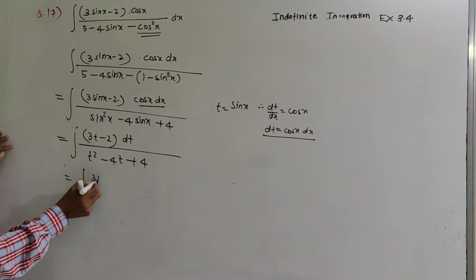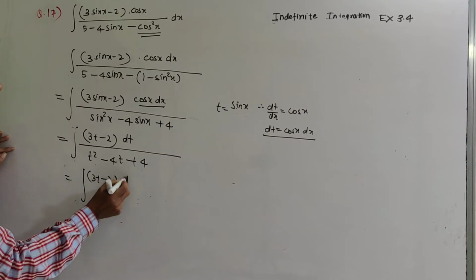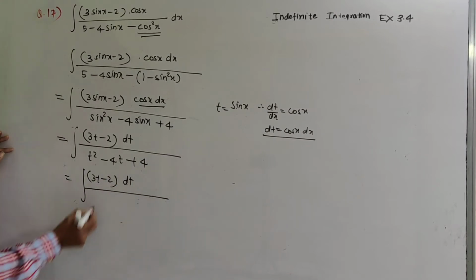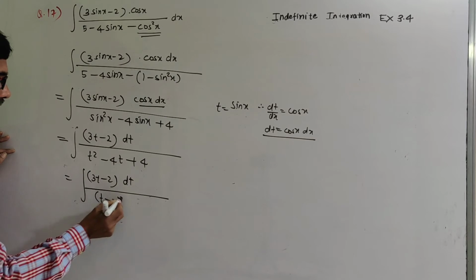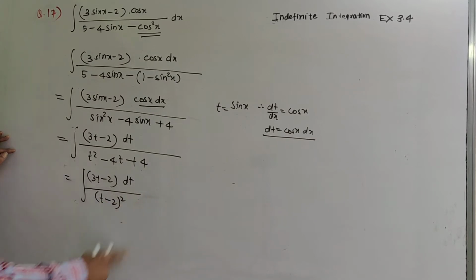Integral 3t minus 2 dt and the denominator is t minus 2 whole square.